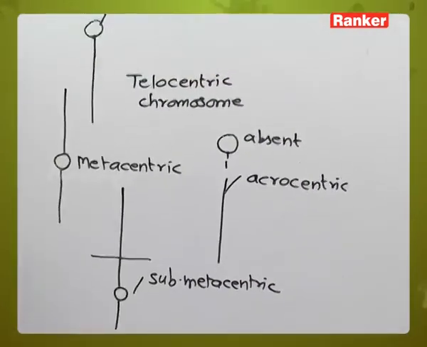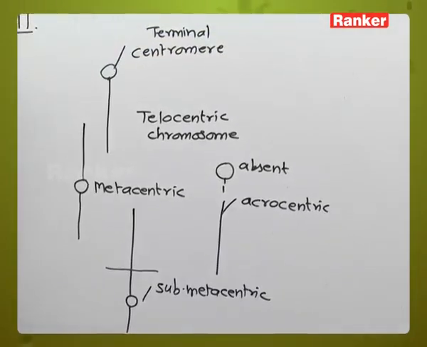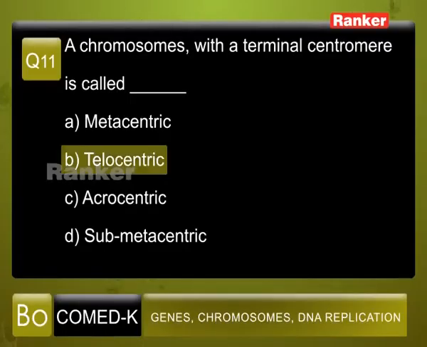So, a terminal centromere is always termed a telocentric chromosome. The right answer is B.